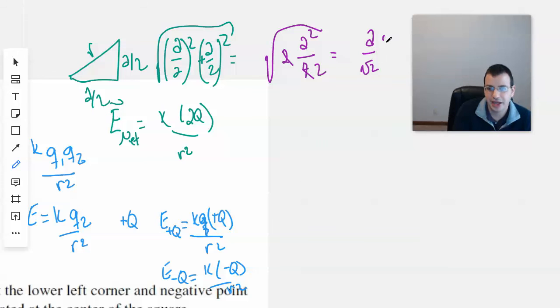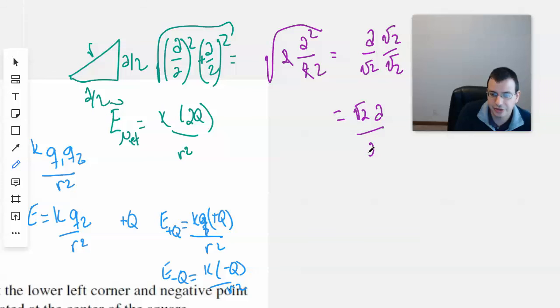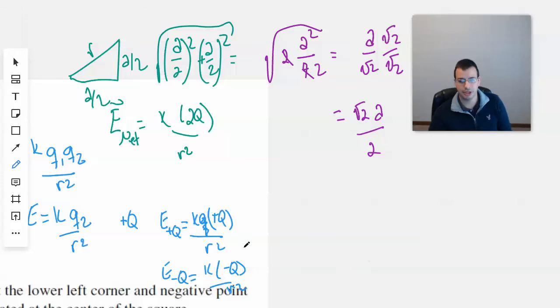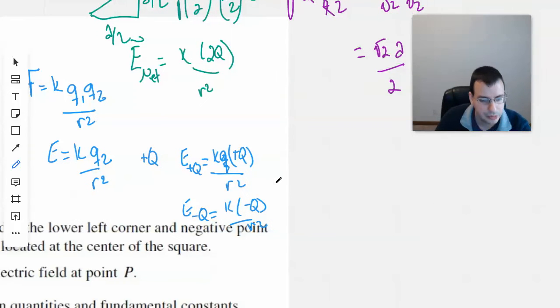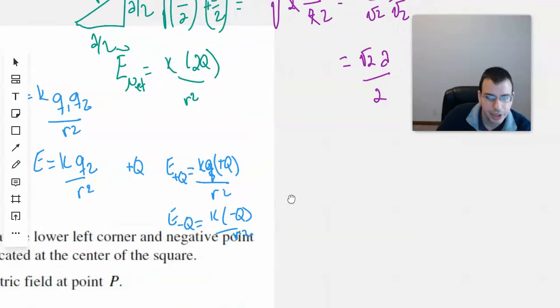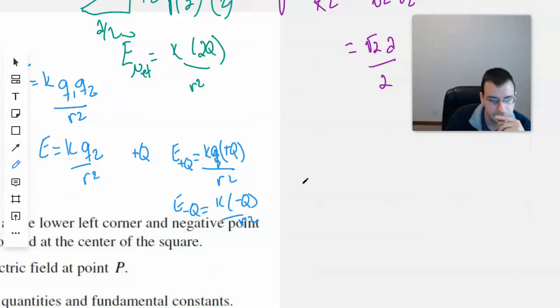You're not really supposed to have square roots in the bottom, I guess. So this would be square root of 2 times A over 2. You just multiply the top and bottom by square root of 2.